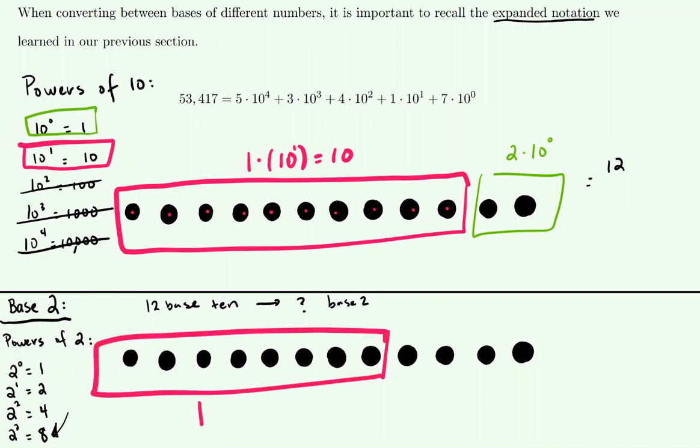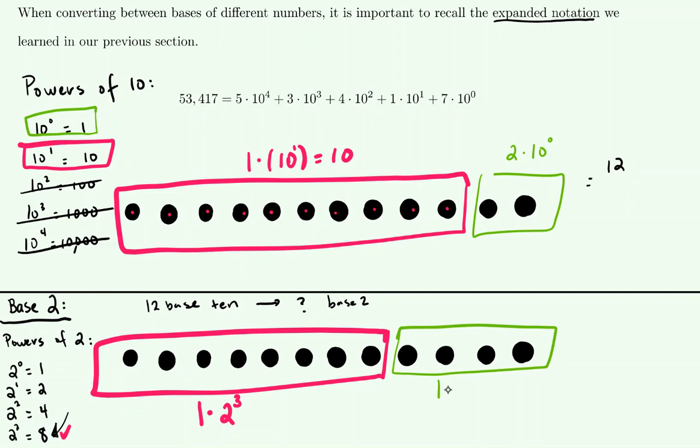So we'd express that 1 times our grouping of 8 items. But since this is base 2, we express 8 as 2 cubed. This helps us focus on the fact that this is base 2. Then we've taken care of this representation, so we go to the previous base, 2 squared, and we ask ourselves, are there any groupings of 4 items, and we see that we've got 4 items here.